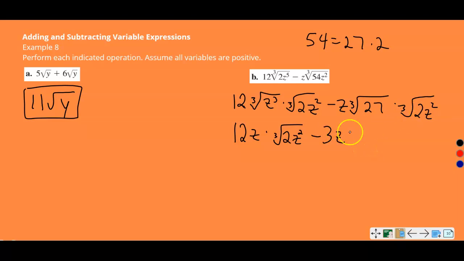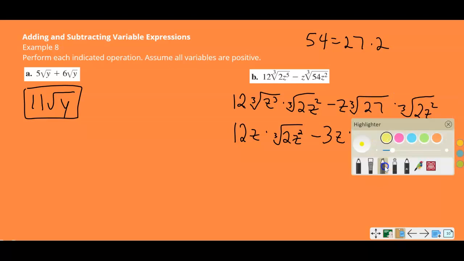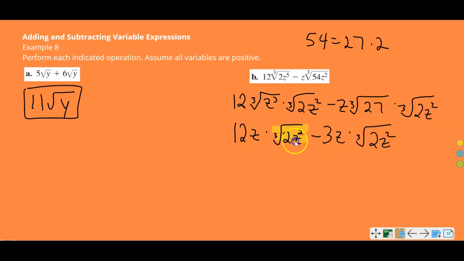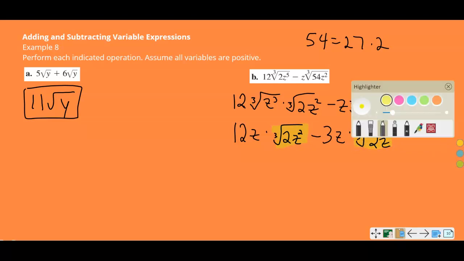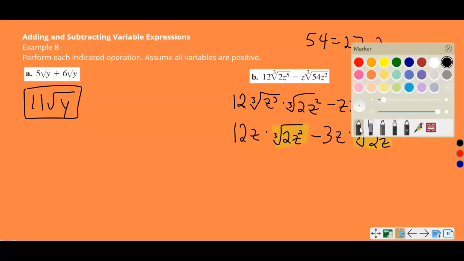And then I have times the cube root of 2z squared. Now you can see that the cube root of 2z squared, now those are in common. So the fact that these are now in common, that's what we were hoping, so that now we can combine like radicals. Now we can add those together.